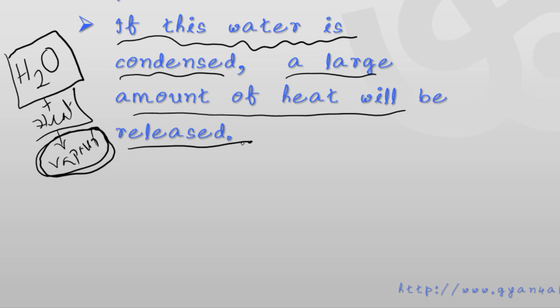We burn a fuel to get the heat, and out of that heat a part is used for evaporation of water, which is formed within the chemical reaction. Water is formed and that water will be evaporated. But if we can reverse the process, decrease the temperature, then that heat can be liberated, released, and that is also part of the heat produced by burning the fuel, not only carbon.